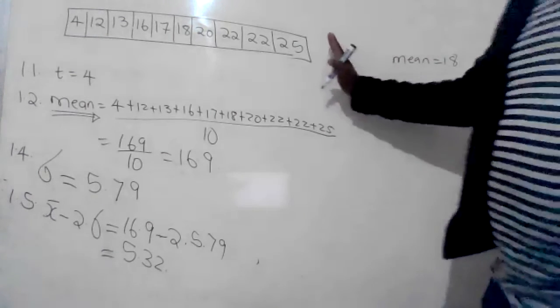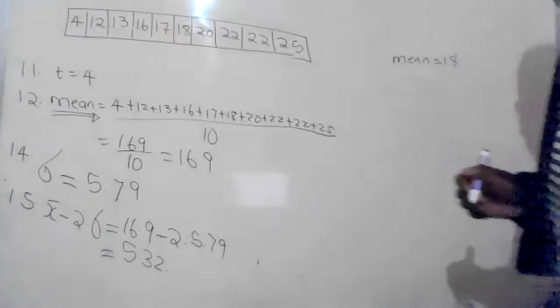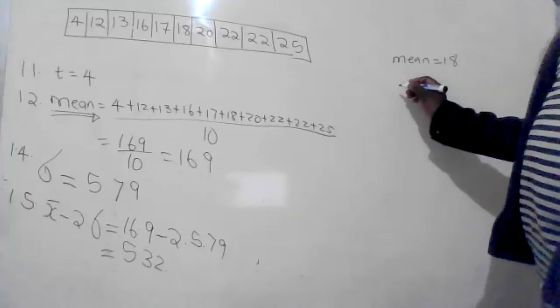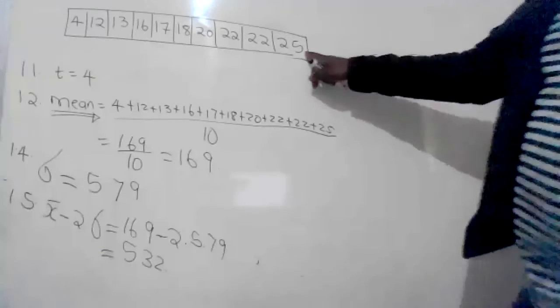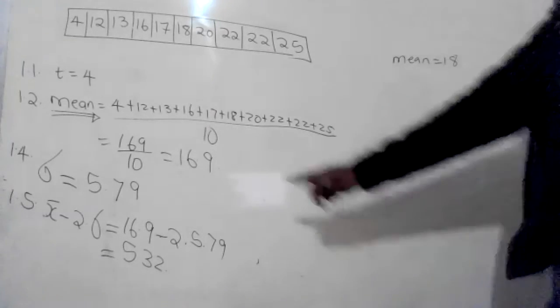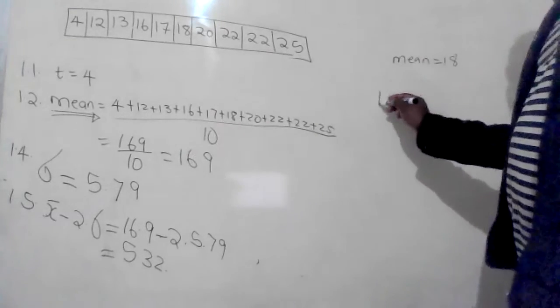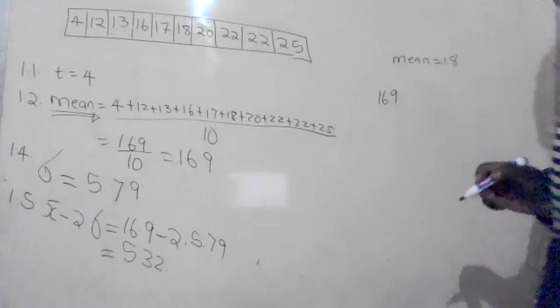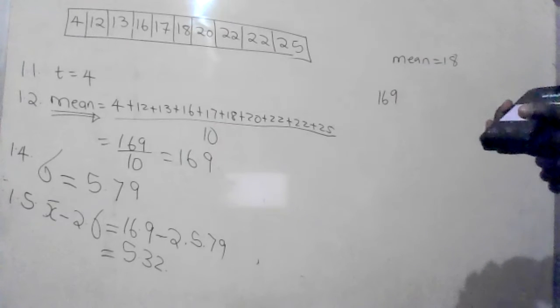We can first add all these values that we have here. So let's add all the values in this case and see what it will be equal to. Okay, we have it here. It's 169, right? We added all the values and they are equal to 169.